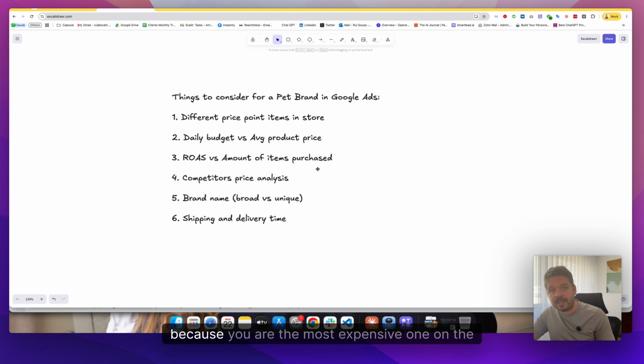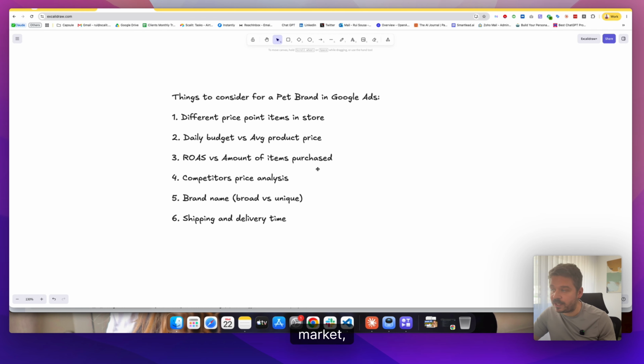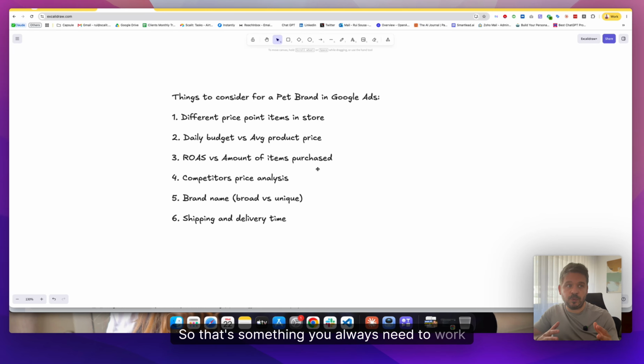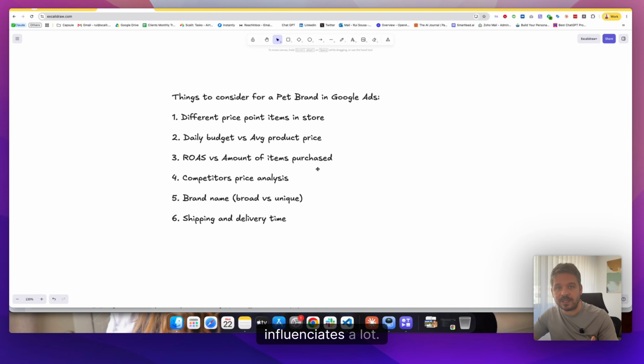Well, it's because you are the most expensive one on the market. So it's really important to understand your price and shipping. Are you the most expensive? Do you offer shipping? Is your delivery time faster than the others? That's something you always need to work on alongside the Google Ads campaigns, because it influences the final result of the campaigns a lot.